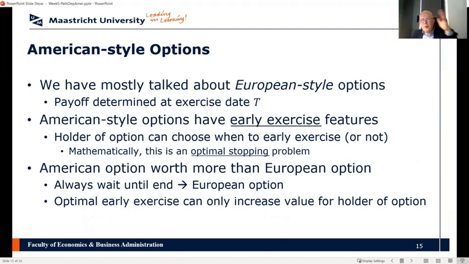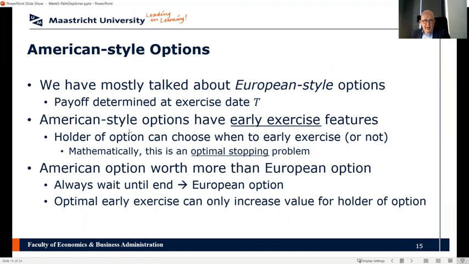Maybe with look back options or barrier options, basically I wait until the final date, capital T, and then I determine what my payoff is. These are known as European style options, or maybe exotic European style options, because European style basically means you wait until the expiry date and then you get your payoff.